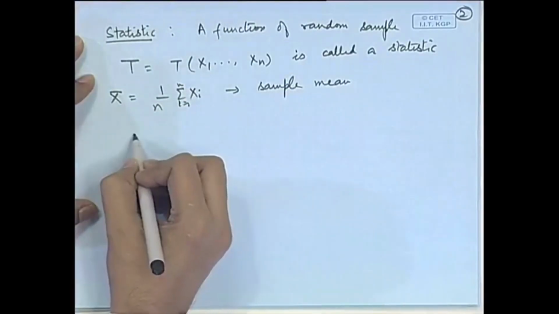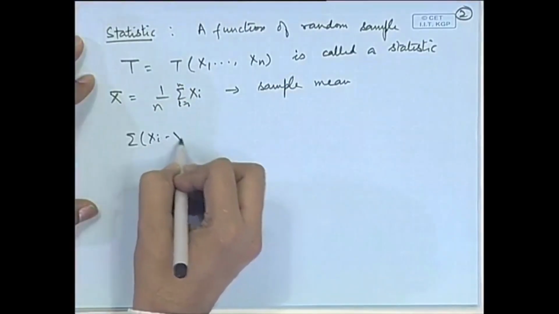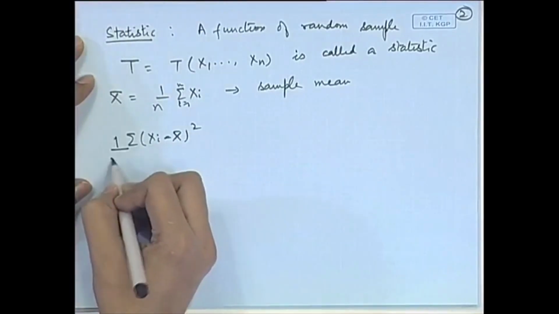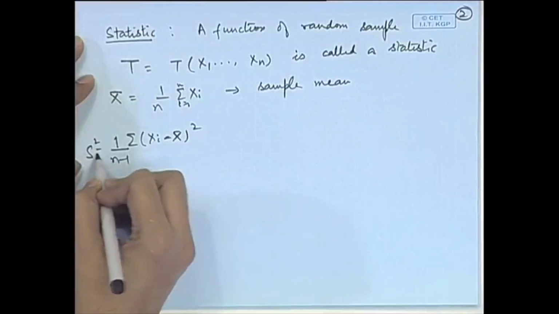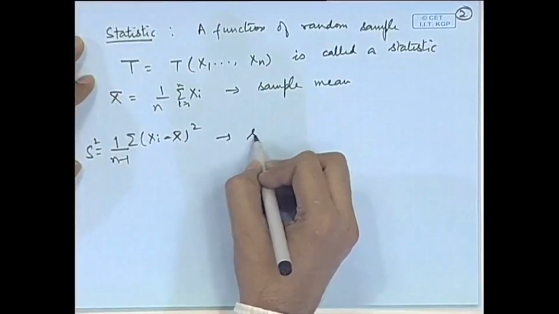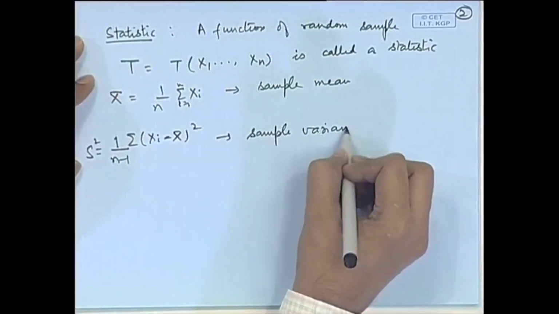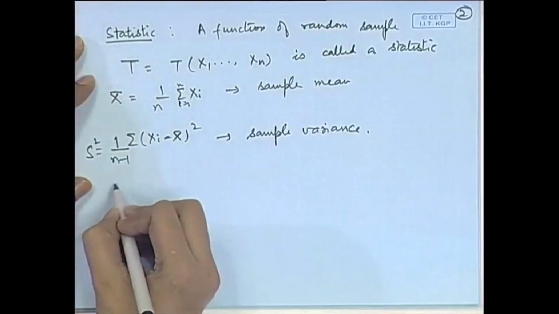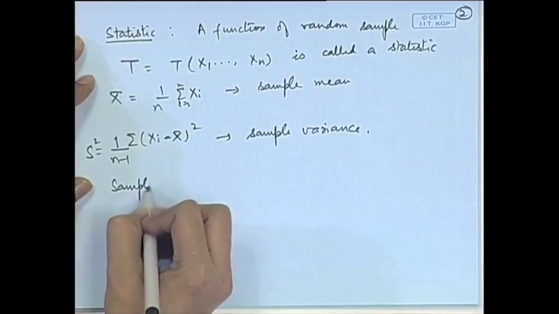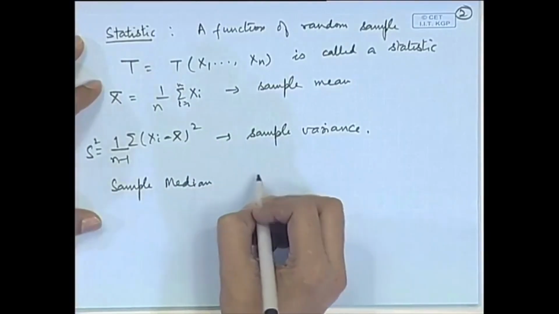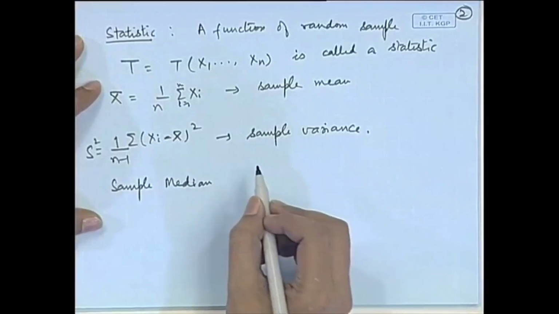We may consider the sample sum of squares of deviations from the mean. Taking 1 by n minus 1 of this, we usually denote it by S square, the sample variance. We may be interested in the sample median. We have already talked about order statistics, so that is also a statistic.